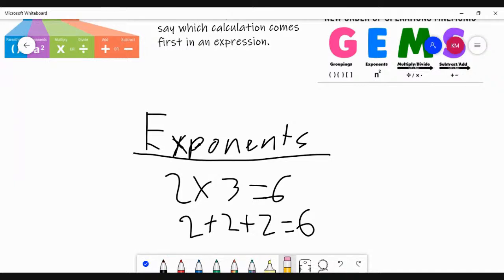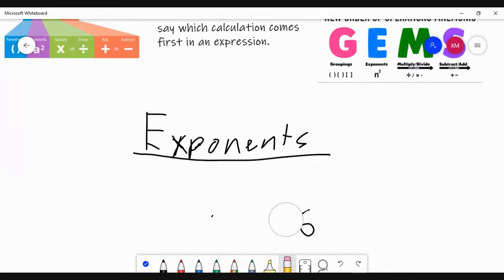Now, exponents have what we call the raising of a power. Meaning, if I do 2 to the third, or 2 raised to the third power, or 2 raised to the power of 3, whichever you prefer to say, I know that 2 to the third is 8.